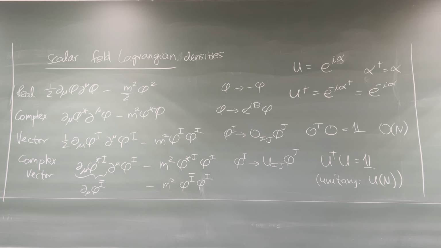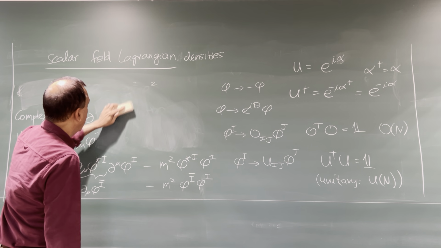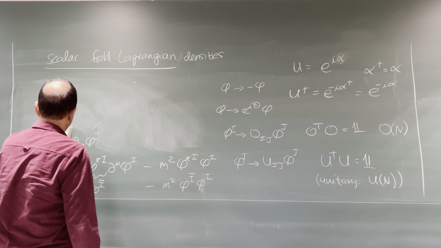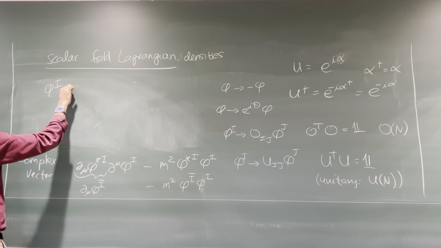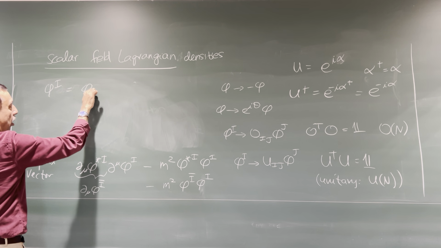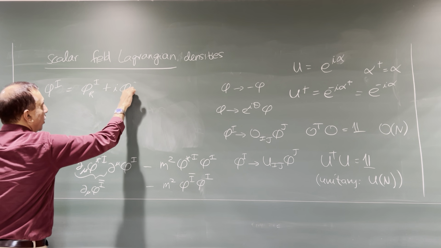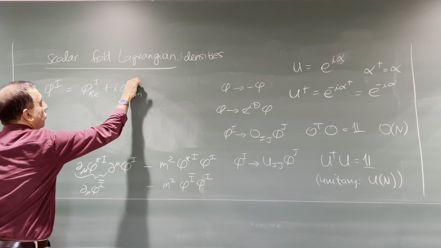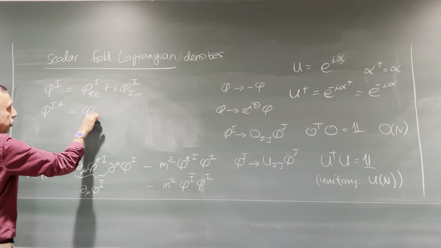There's one little interesting point, which is that you can take the complex one and break phi into its real and imaginary parts. So here you have a complex vector, phi I. You can write it as phi I real plus i times phi I imaginary. Then phi I star is the real part minus i times the imaginary part.